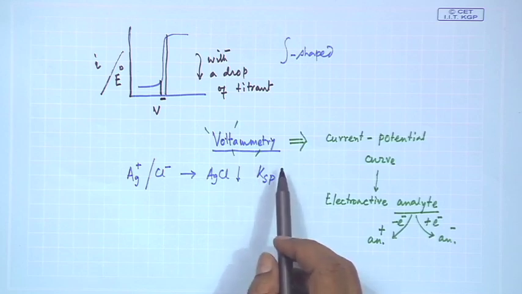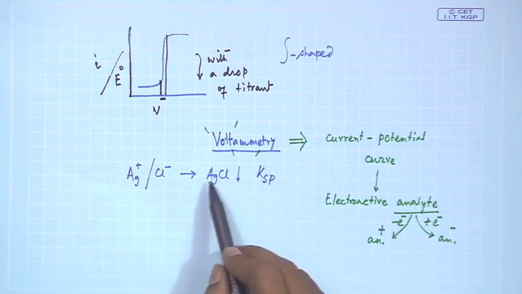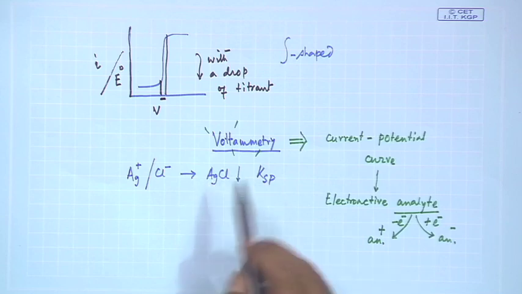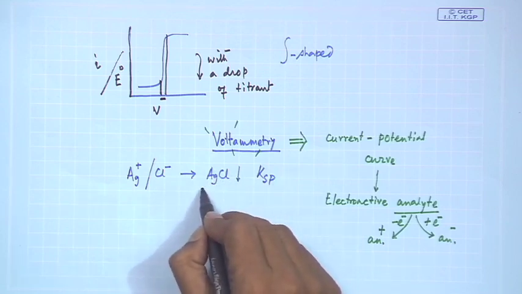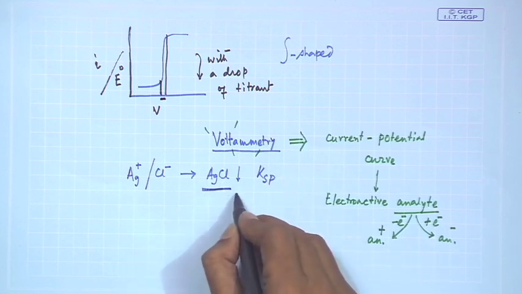If you exceed the solubility product, that means the multiplication of the concentrations of these two ions, you get the corresponding precipitation.